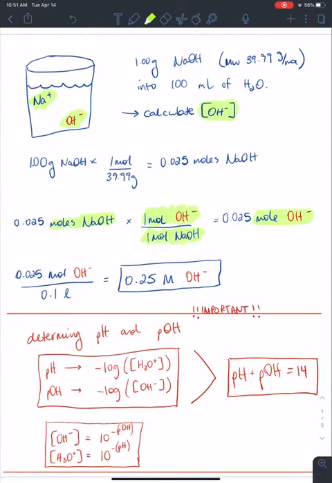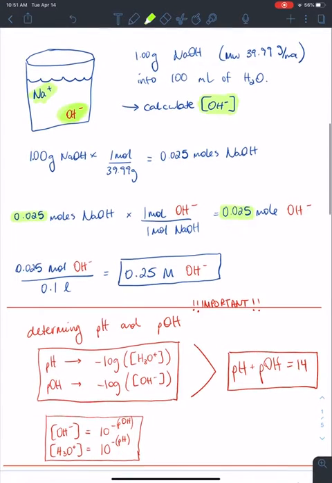Hopefully you see in the chemical formula that for every whole sodium hydroxide ionic compound, you have only 1 hydroxide anion. So it's a 1-to-1 relationship. Okay, so we know that if we have 0.025 moles of sodium hydroxide, we will have the same number of hydroxide anions liberated in the solution when the ionic compound dissociates.